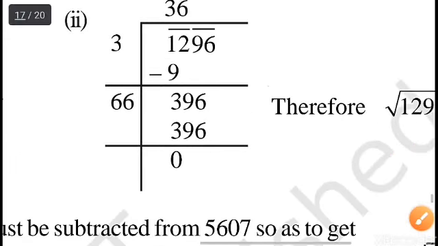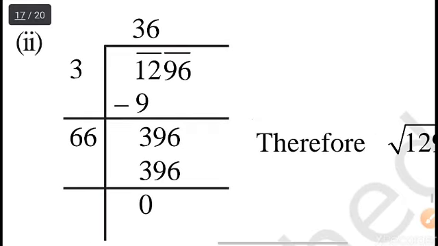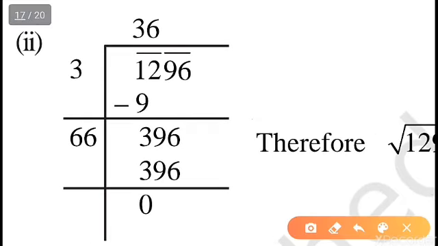Now let's try to find it for a larger number, that is 1296. First you will write the number here, and then you will pair it from the back, and we will get two pairs. Now you will take the first pair, that is 12, and try to solve it.